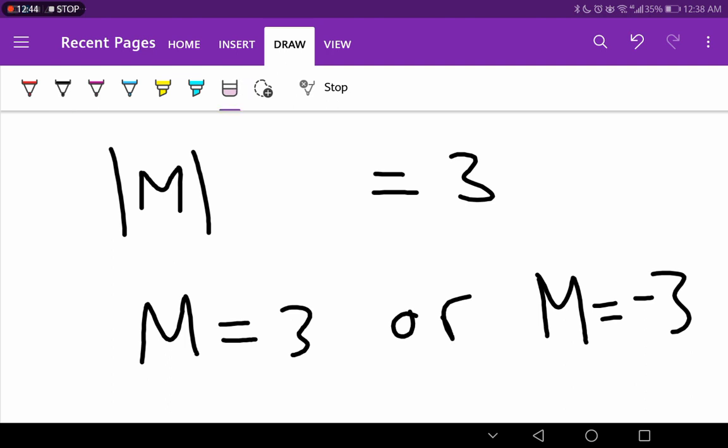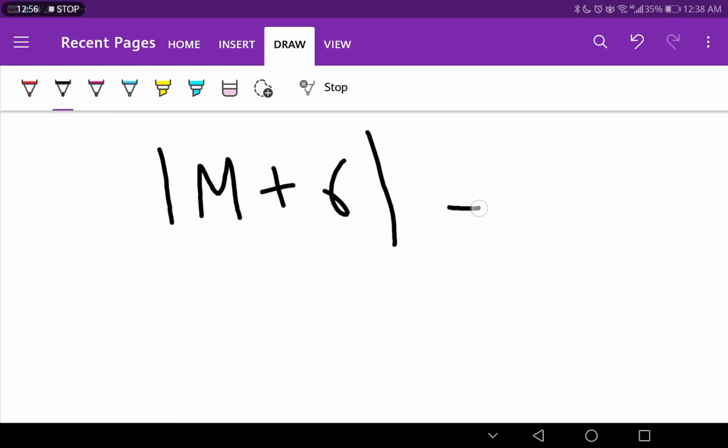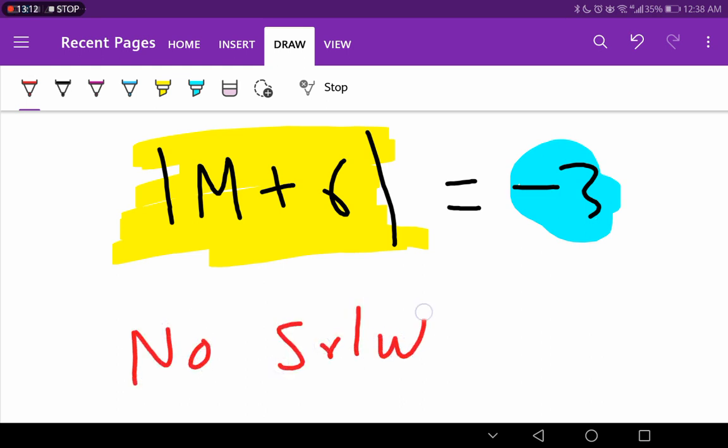Let us take one more example of this. If |m + 2| + 6 equals -3, actually it is ready to break. But on the other side, I have a negative, so directly write no solution, because the absolute value cannot take a negative number.